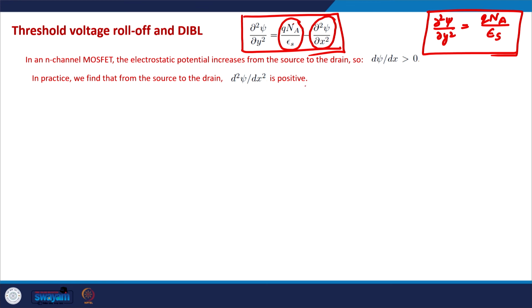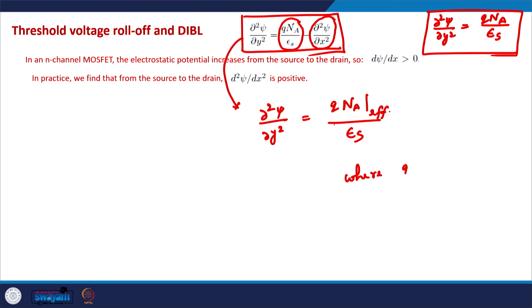So, what we can do is write this down as q Na effective divided by epsilon s, where q Na effective by epsilon s is equal to q Na by epsilon s minus del 2 psi by del x square.